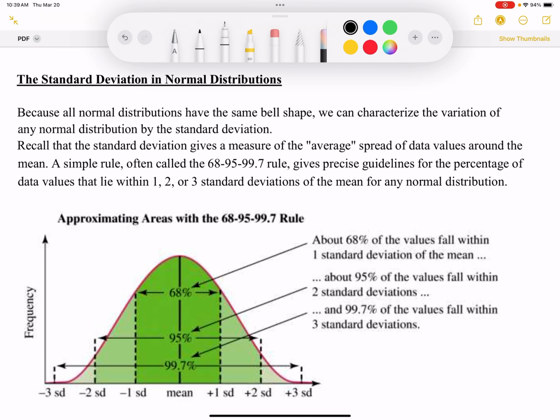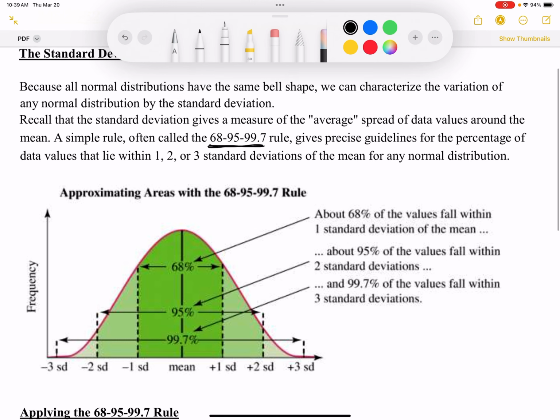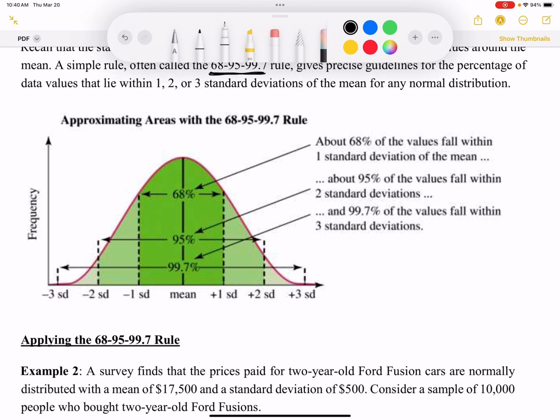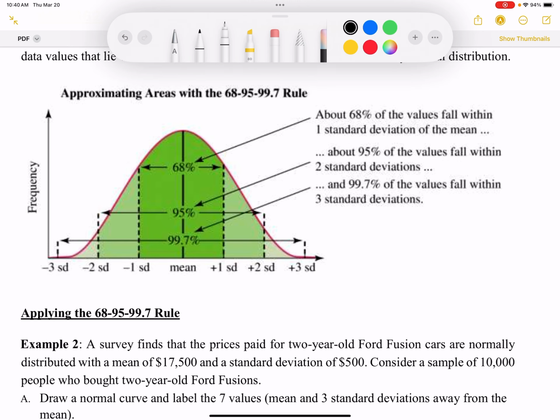A simple rule is the empirical rule, and it gives precise guidelines for percentages of data that lie 1, 2, and 3 standard deviations away from the mean. That's what we talked about in class today.